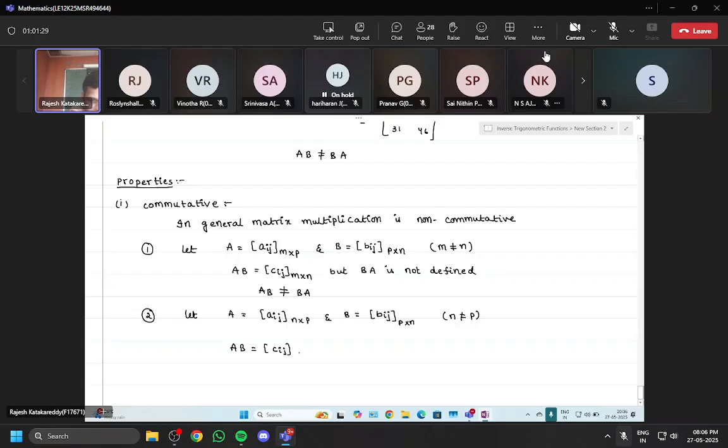Can you tell me the order of AB, anybody? N by N. What about the order of BA? BA is not N by N, that is P by P. So here, matrix AB is not equal to matrix BA because the orders are different.